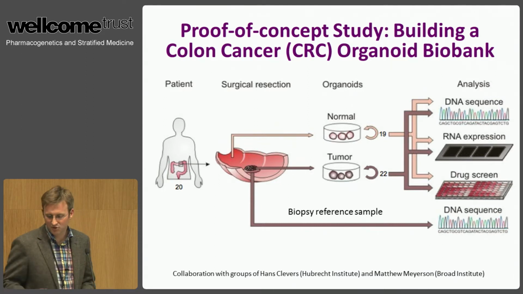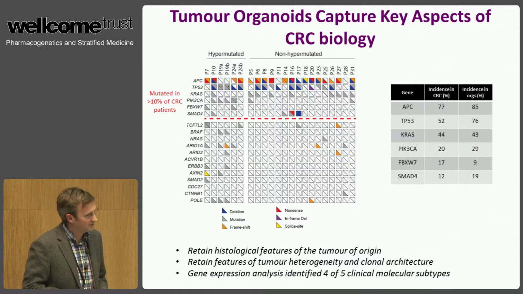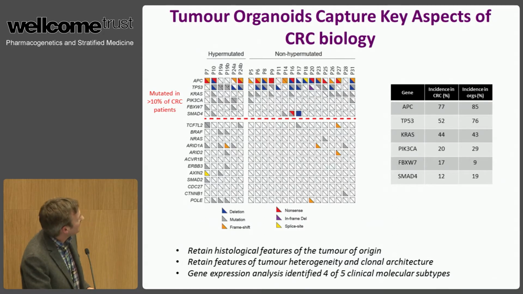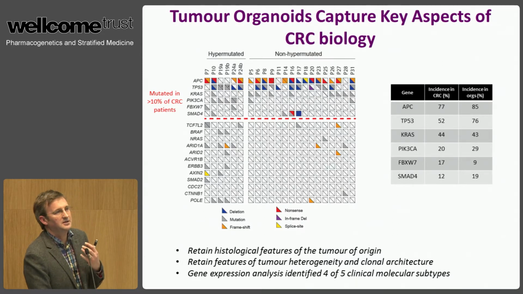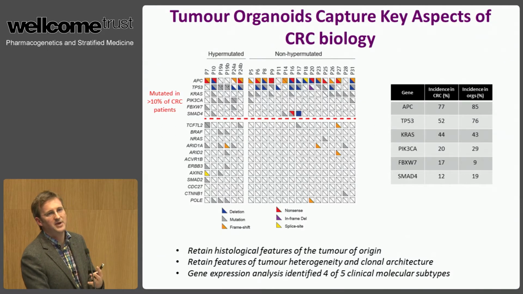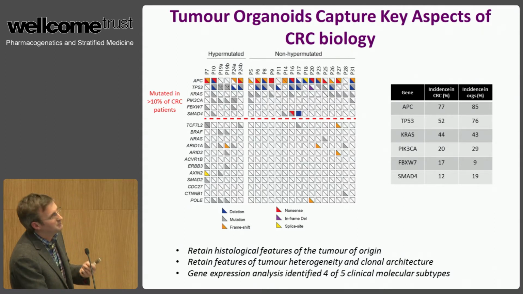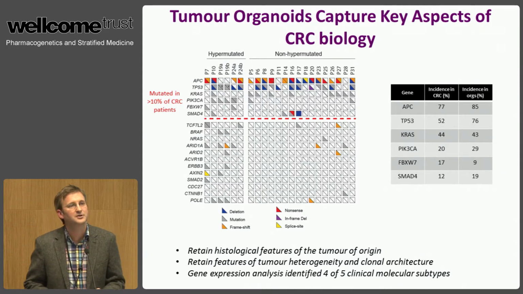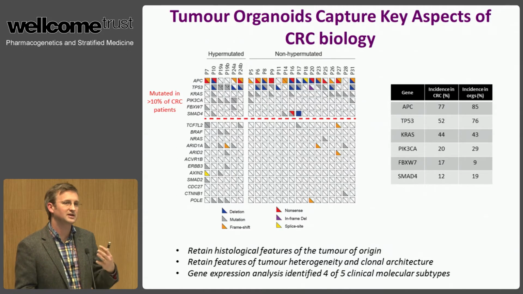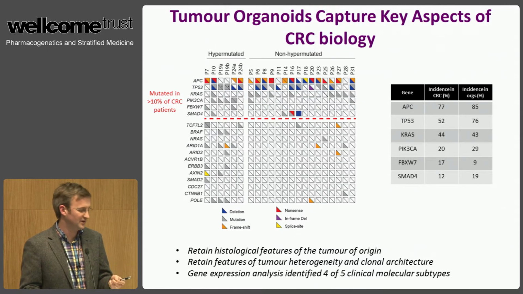I'm going to summarize a lot of data in just one or two slides here. The key point is that these cultures seem to be doing a very good job of capturing key aspects of colorectal cancer biology. So for example, these are the mutations that are observed in known cancer genes in our colorectal organoids.